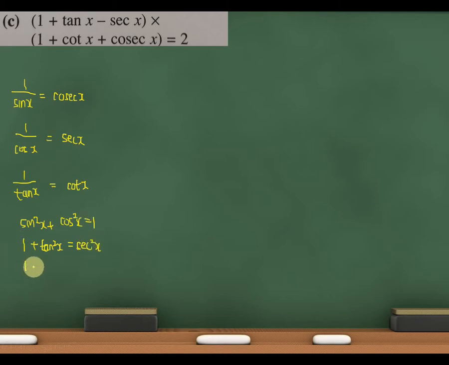Divided by sine square x, you get 1 plus cotangent square x equals cosecant square x. Okay, let's double check. Divide by cosine square, divide by cosine square, divide by cosine square. After that we can start solving.